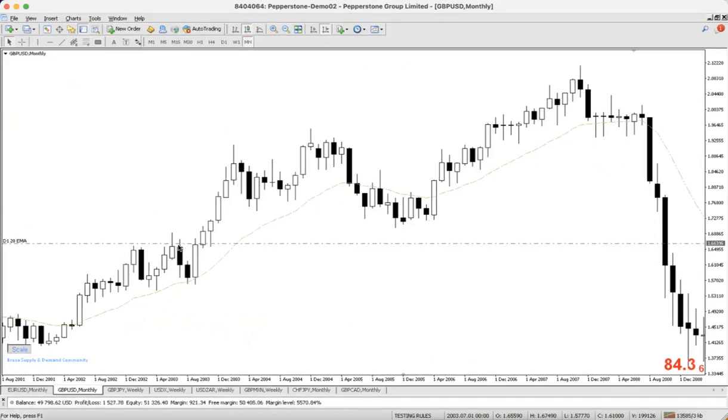Meaning drop, base, rally. Price action was coming here, and then when it came here, price fell down, and then after that, it printed a base, and then went up. And these are called valleys.